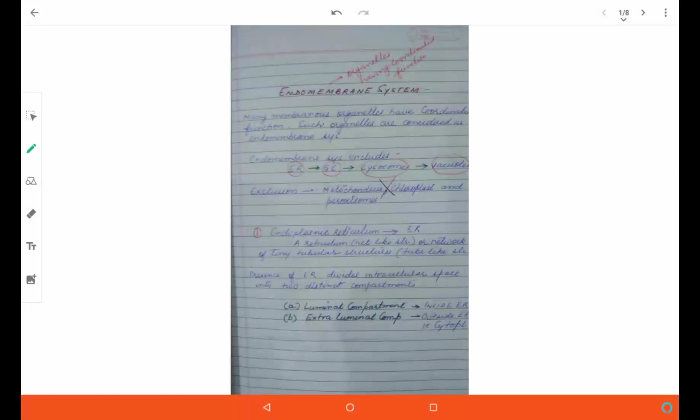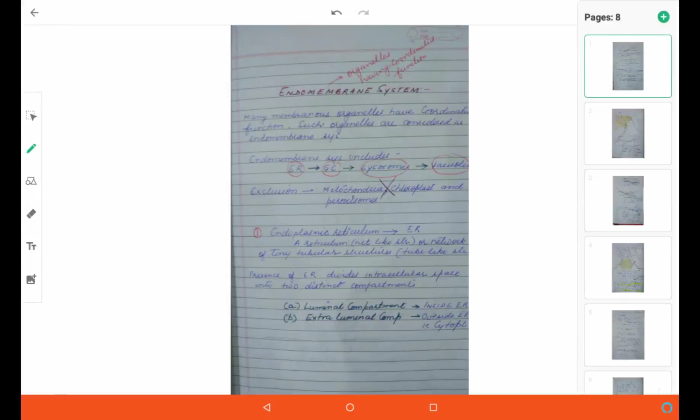It has a tubular structure, and this endoplasmic reticulum divides the cell into two parts. One is the luminal compartment, that is the part which is inside the endoplasmic reticulum, and another is the extraluminal compartment, which is present outside the endoplasmic reticulum, that is cytoplasm.